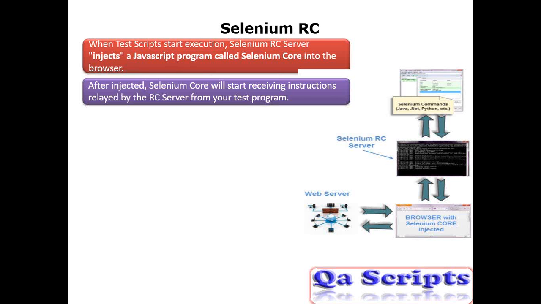As soon as Selenium core understands, since Selenium core is already in the browser, it will take that instruction or command which is coming from RC, converted into a form the Selenium core can understand. So the command will come from Eclipse to RC. There it will get converted. That converted instruction or command will be sent to Selenium core. The Selenium core is already placed or injected into the browser.